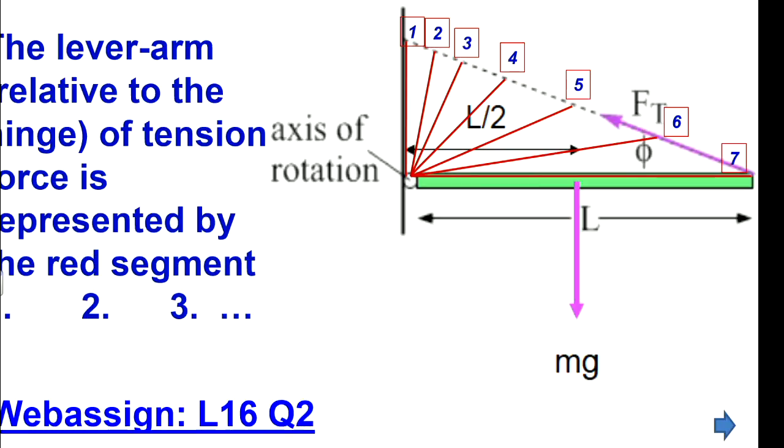So the shortest segment, in geometry, means it has to be perpendicular to the line of action. Which did you choose? 3. Yes, no doubts. You just have to follow the definition.